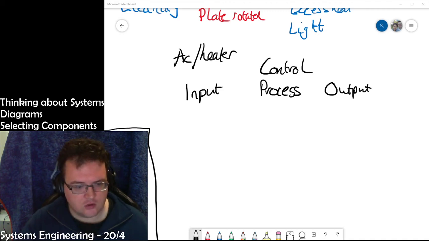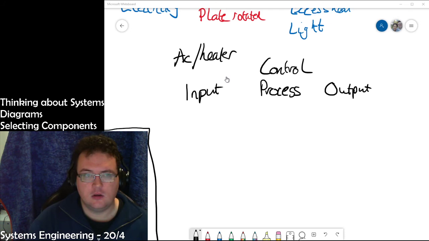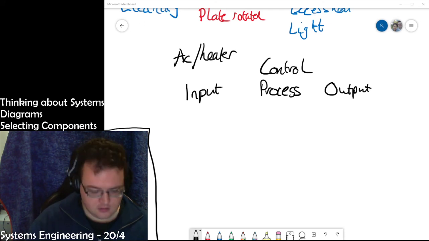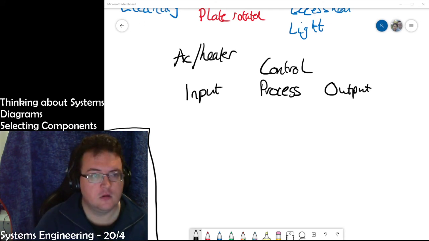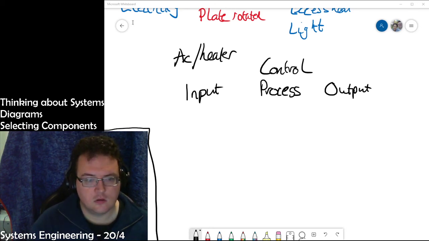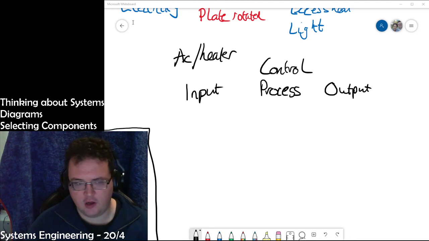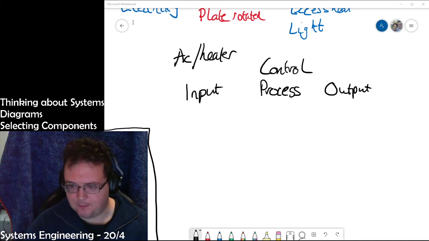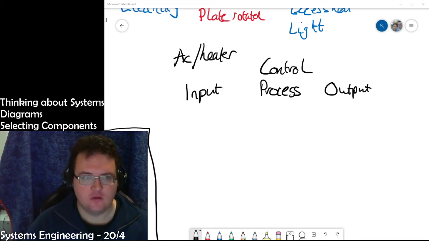What controls a different input system? So if I go to the thermostat on my air conditioner, I set it to a temperature, but it doesn't automatically become that temperature, does it?